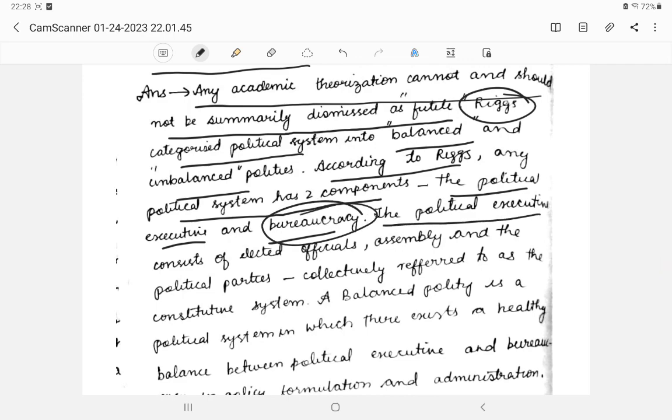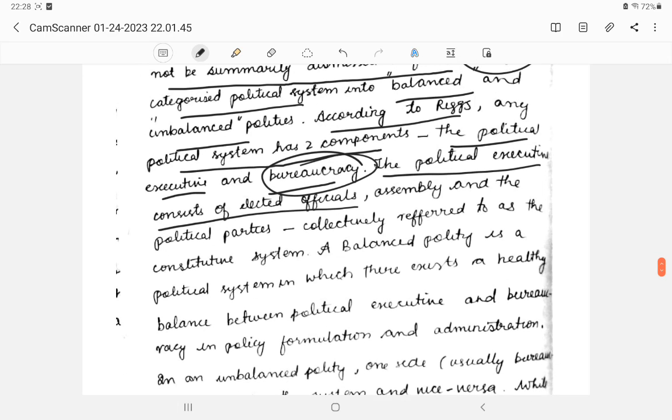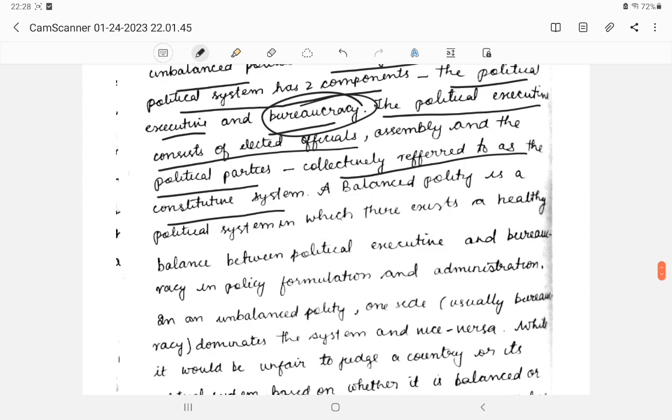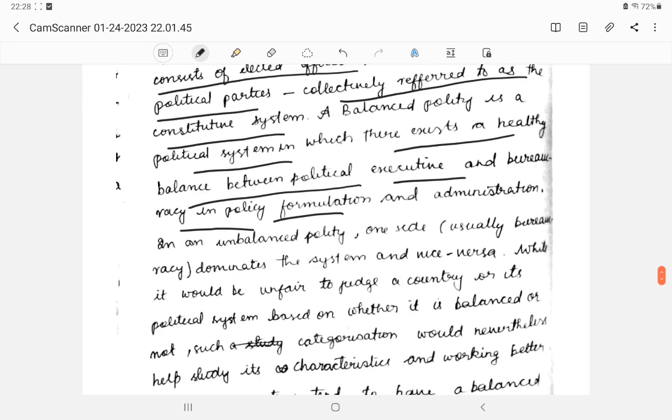The political executive consists of elected officials, ministers and the political parties. A balanced polity is a political system in which there is a healthy balance between the political executive and bureaucracy in policy formulation and administration. It means ministers and bureaucrats work in equality and coordination. This indicates a stable government.